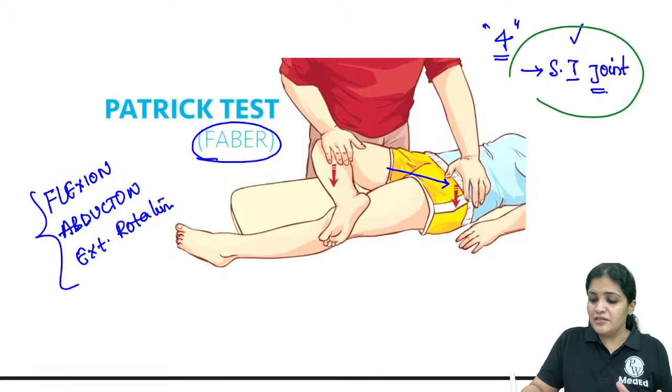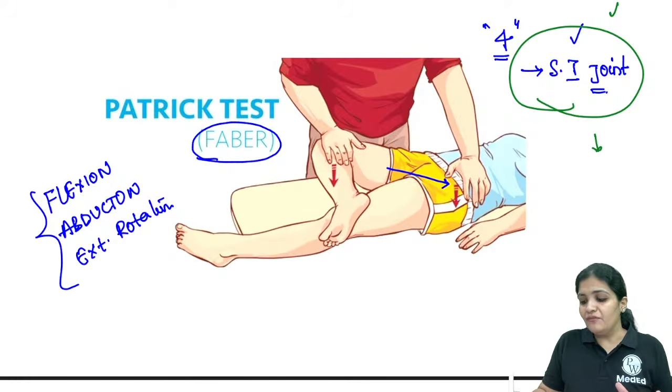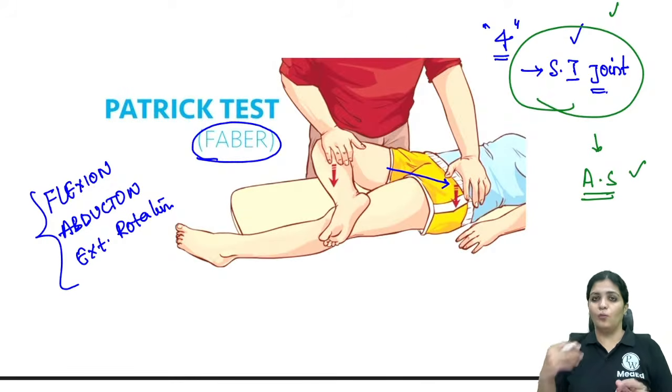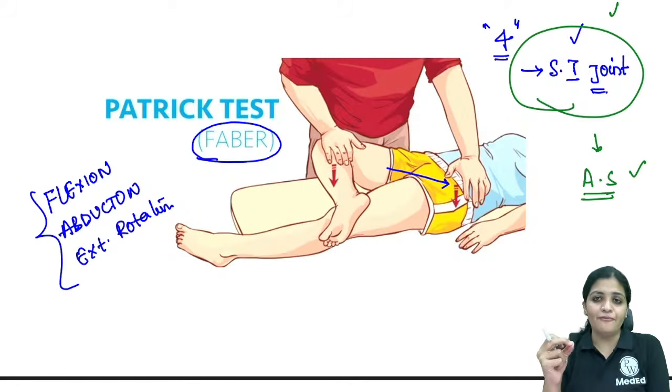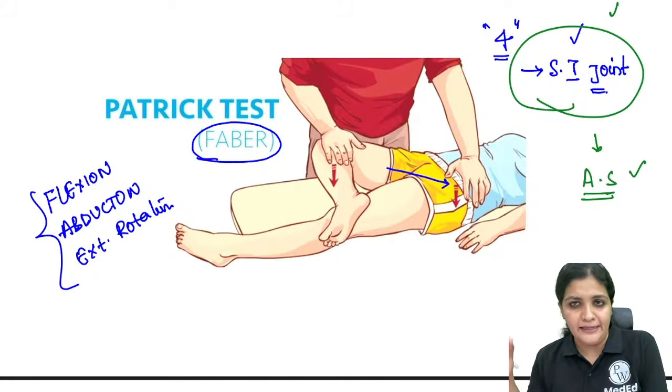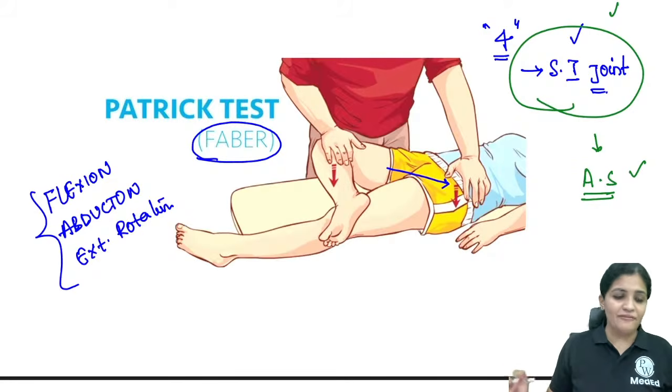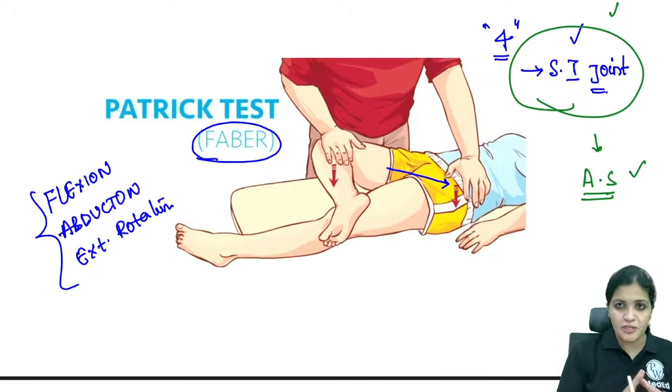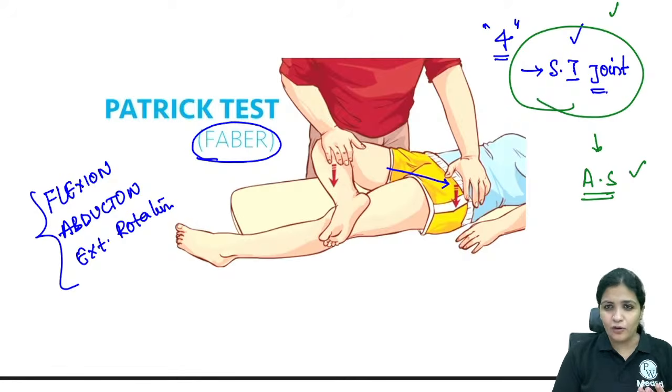So this is an indication we are dealing with SI joint. So SI joint is involved. So that means whenever you do this test and if the patient is having pain or wincing with pain, so now the established diagnosis is ankylosing spondylitis. Okay, so once we have come with the working diagnosis of ankylosing spondylitis, on inspection you might not find anything.